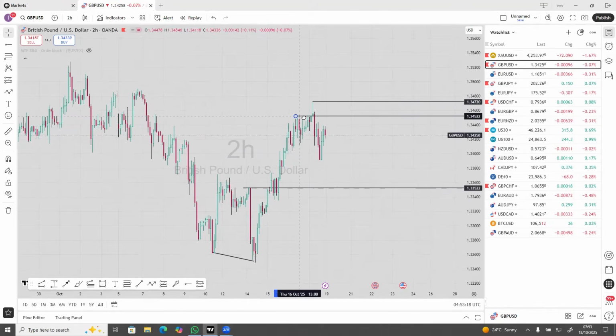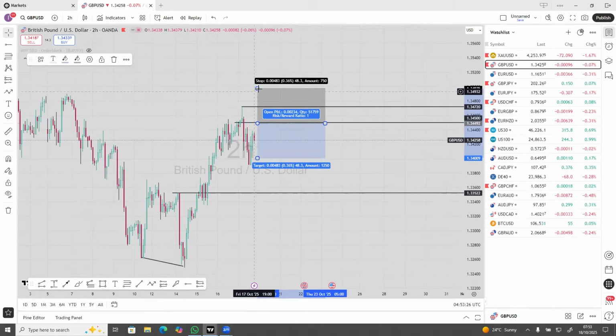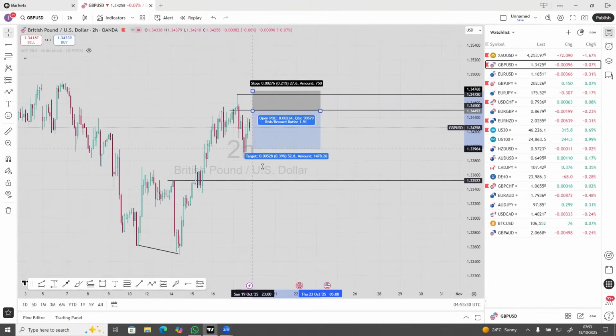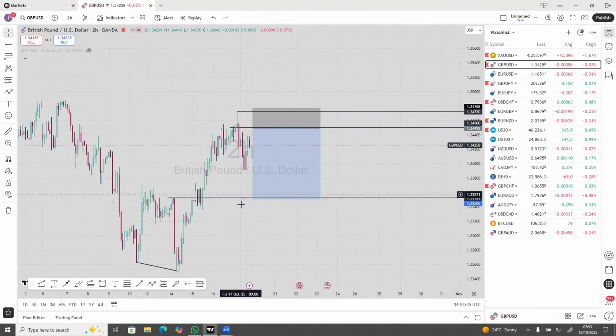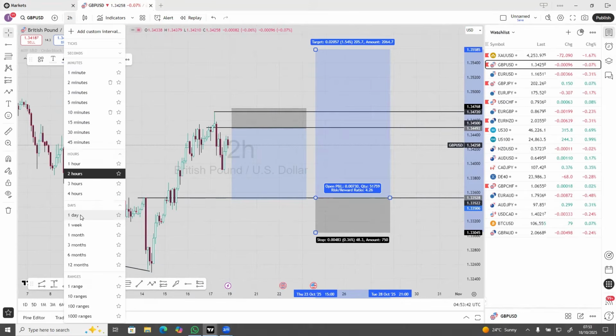On 2 hour time frame, we have that unmitigated supply zone. So for next week, you expect it to take a short position from that 2 hour supply and then hold that price to that daily demand, and when it reaches that daily demand we take a buy from daily demand.